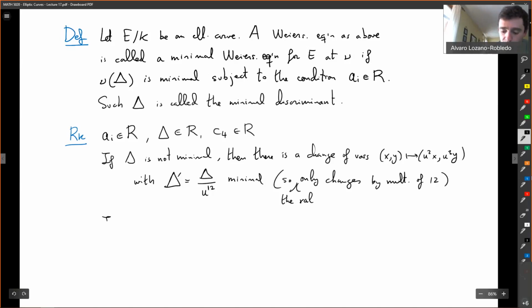So in particular, if you already have that the coefficients are integral, then the discriminant, being a function of the coefficients, is integral. And if the valuation is already less than 12, then the equation is minimal.